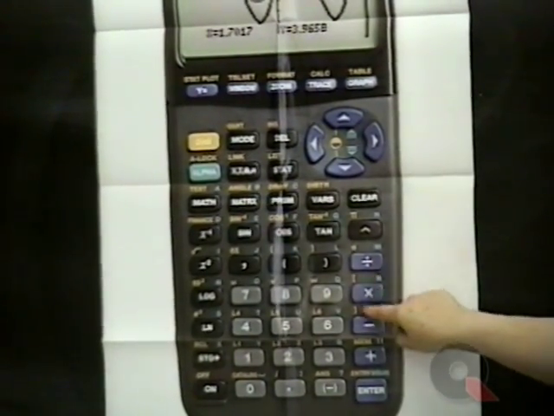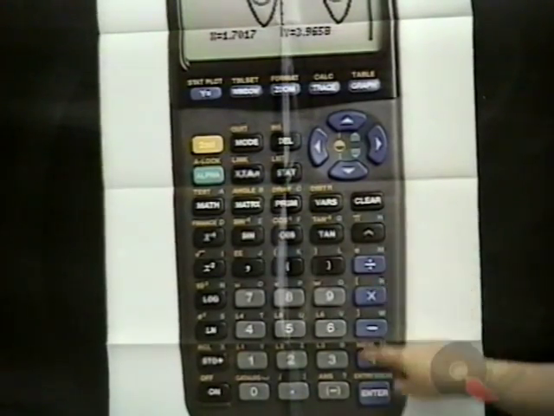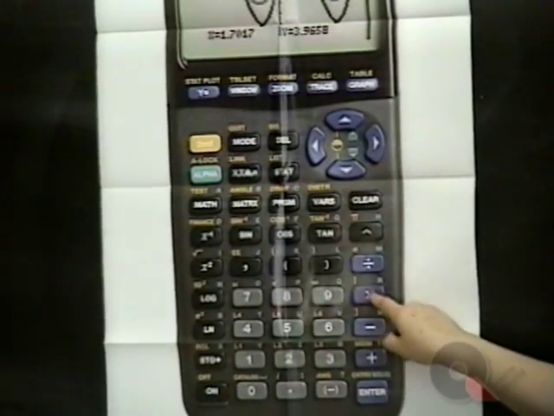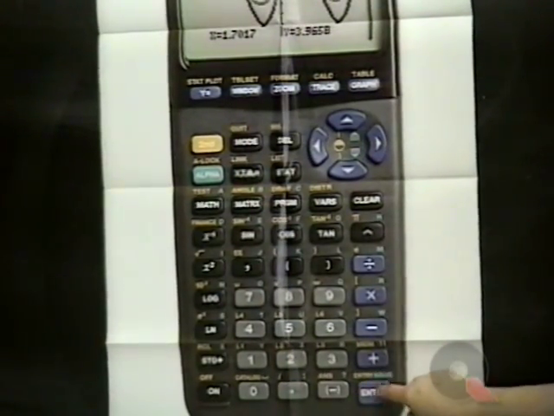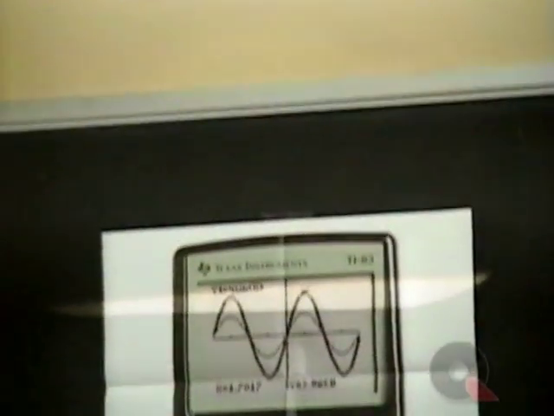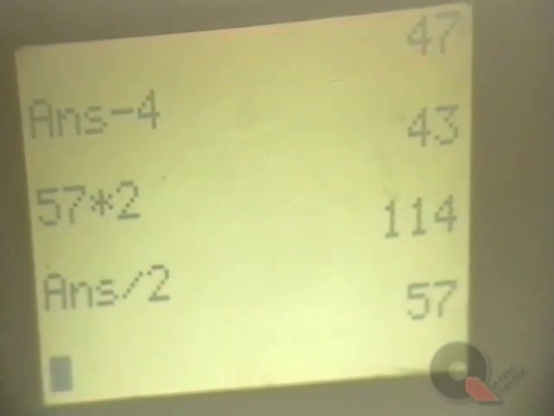When I hit the times key for multiplication, the asterisk appears. And of course, I can have division. If I take that answer and I divide it by 2, and I hit enter, I'm back at 57.